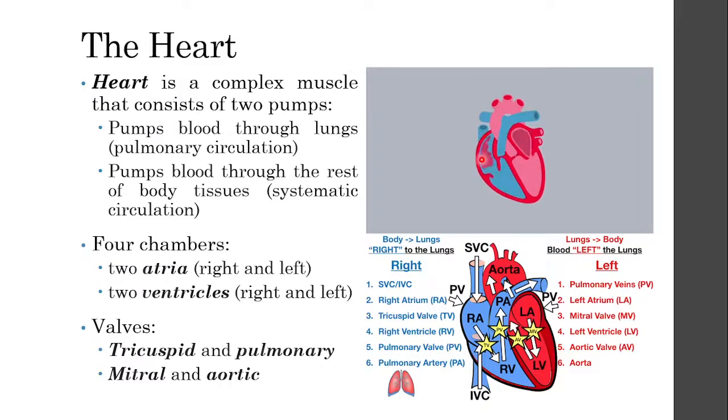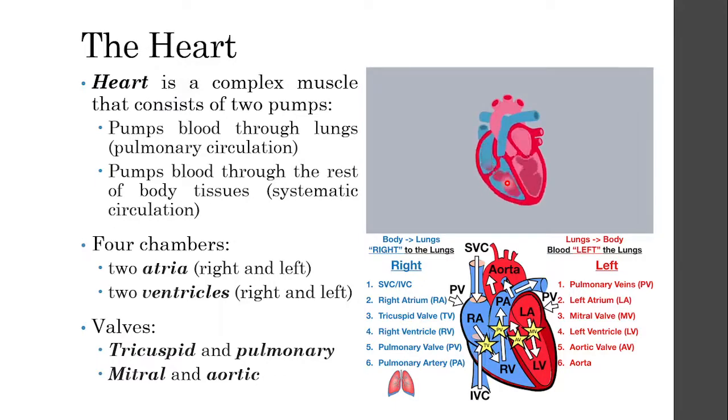But when the heart muscles contract, especially when the right atrium contracts, as you can see here, it pumps blood from the right atrium into the right ventricle. When this contraction happens, it opens the tricuspid valve. This is your tricuspid valve right here. So the deoxygenated blood, or the oxygen poor blood, moves from the right atrium, through the tricuspid valve, and into the right ventricle.